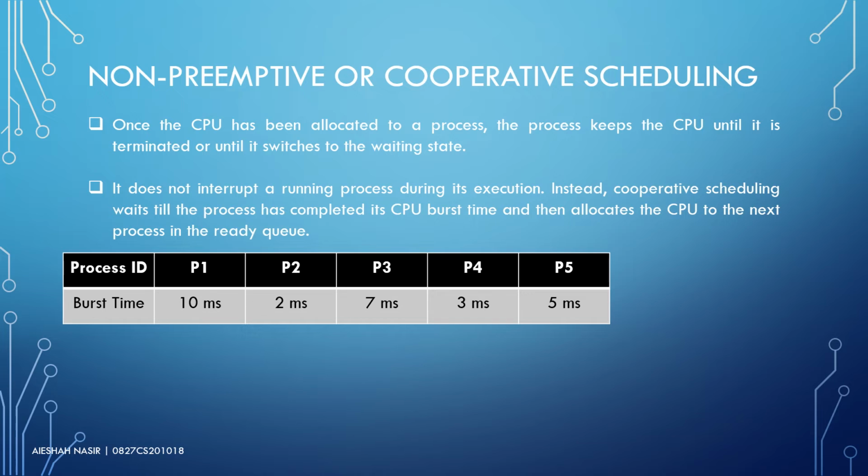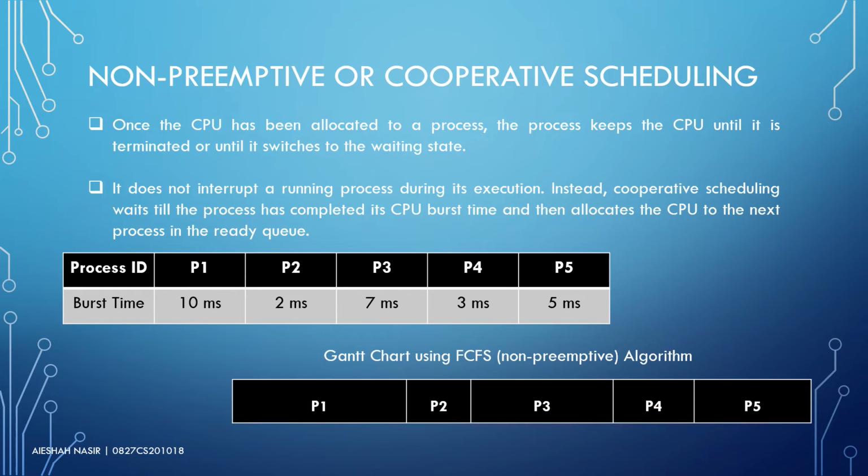Consider the following example with 5 processes. We can use the first come first serve non-preemptive algorithm to make a Gantt chart for the following example. The Gantt chart looks like this. So we have the first process P1 being executed for a total time period of 10 milliseconds, and once it gets terminated, the CPU will be allocated to the next process, which will run for a period of 2 milliseconds and gets terminated.